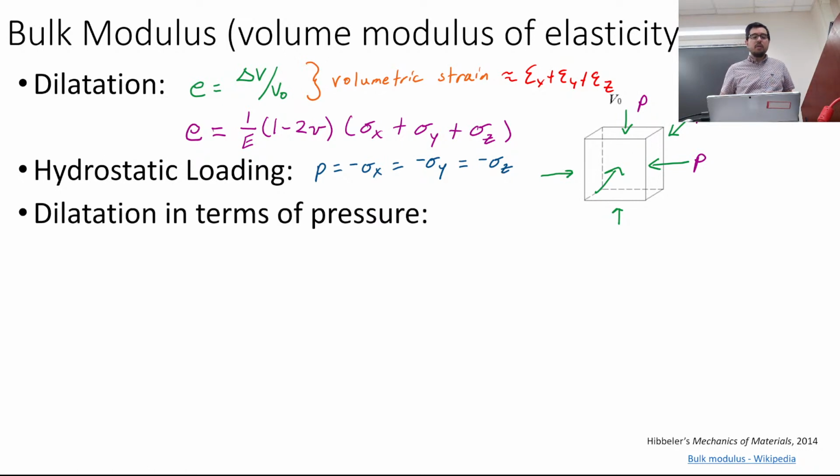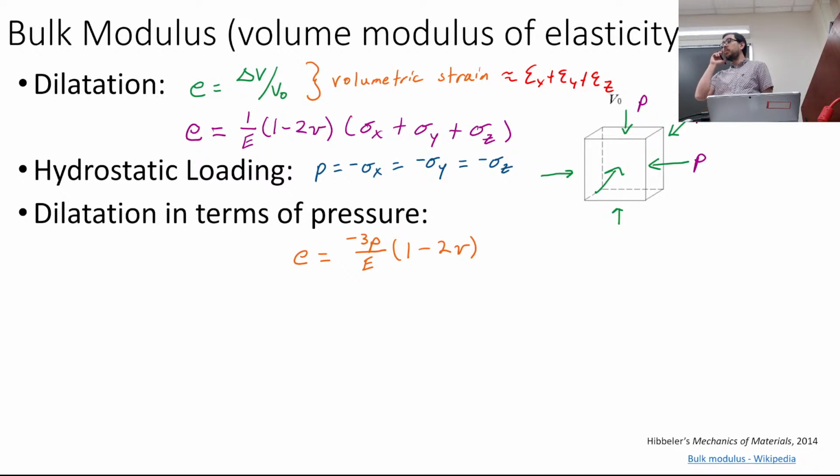So if we go back to what dilatation is in terms of pressure, we can write it as follows. We had sigma x, sigma y, sigma z being added to each other. We now have negative p's for each of these, so these become negative 3p. And so now we're thinking about this volumetric strain in terms of the pressure, underwater, or maybe in a chamber.